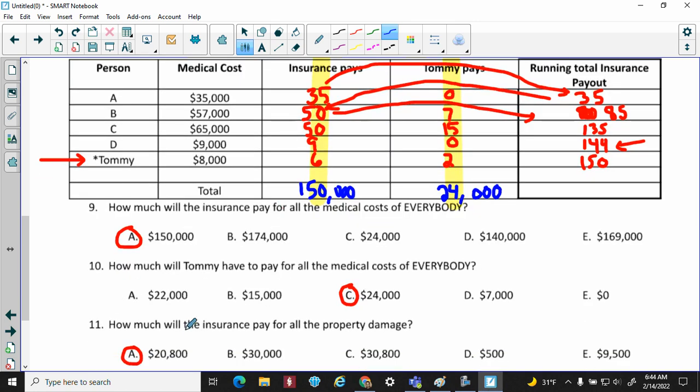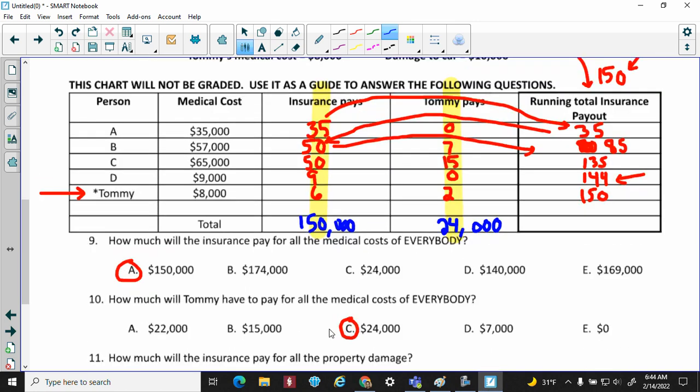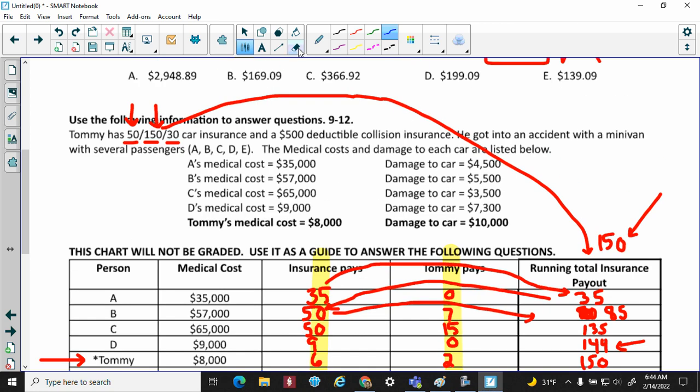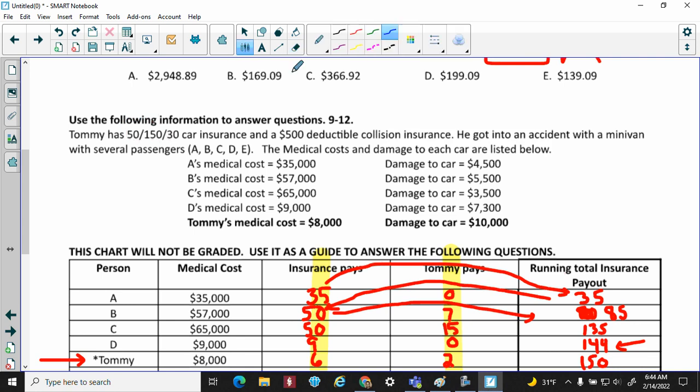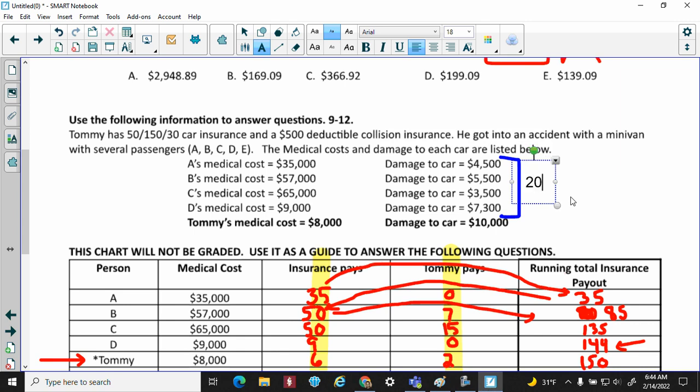Now let's actually get to the property damage. Now remember, property means their stuff, not Tommy's stuff. So I'm going to add everything that is theirs, but not Tommy's. That is here all the way to there. When I add all of their stuff, I end up with 20,800.